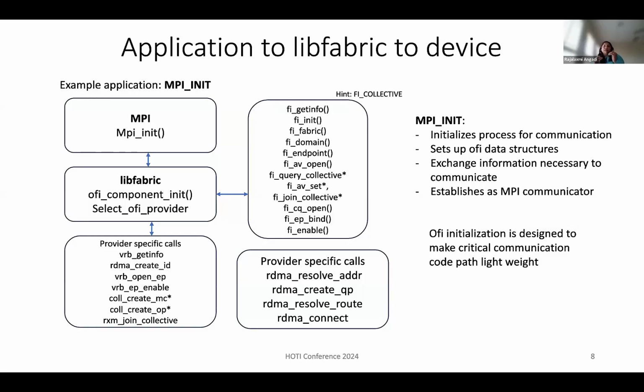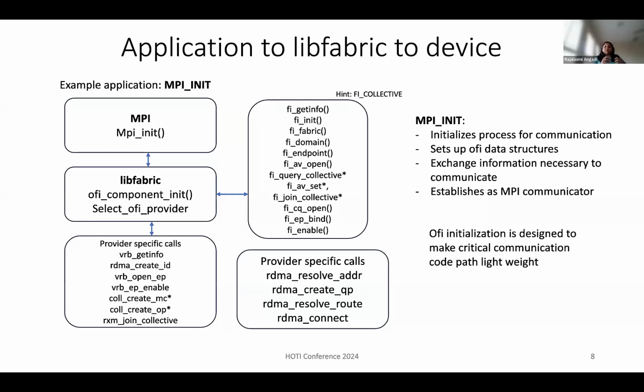With the OFI component in it, we have FI get info, which is a control set of API, like we talked about in the previous slide. It gives us details about what are the fabrics. It returns a list of providers based on the hints that are given to it.